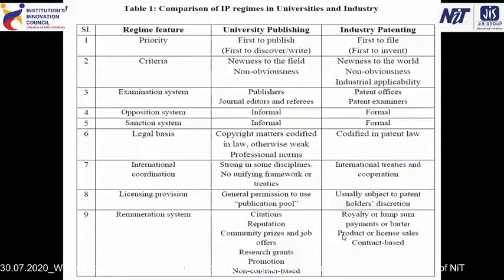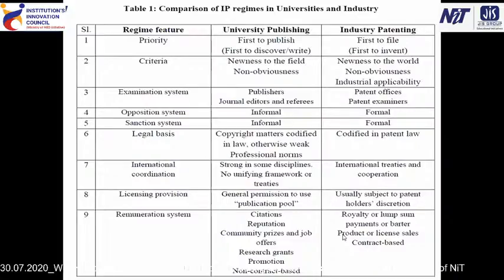The second criterion for the university is newness to the field, non-obviousness. But here it is newness to the world, non-obviousness, industrial applicability. Third, the examination system: publishers and journal editors are sufficient for the university, but industry patenting has patent offices and patent examiners. The operation system is informal for one and formal for the other.